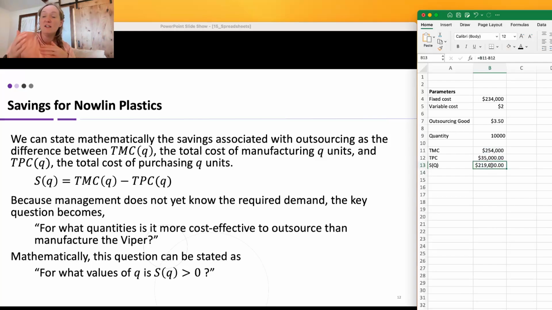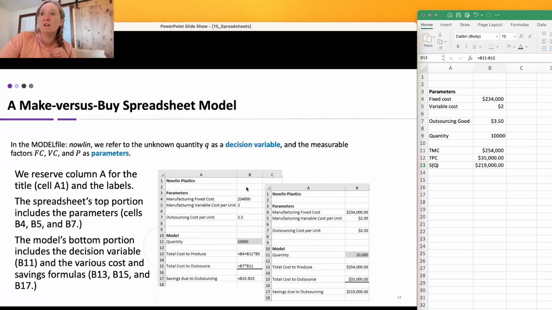So in the scenario of 10,000, you save 219,000 by outsourcing this production somewhere else. Quite a bit, right? Now what we're interested in is making this what if scenario. What is the threshold of where this changes, when it's a better idea to start making things in-house versus buying foreign goods and importing them in.